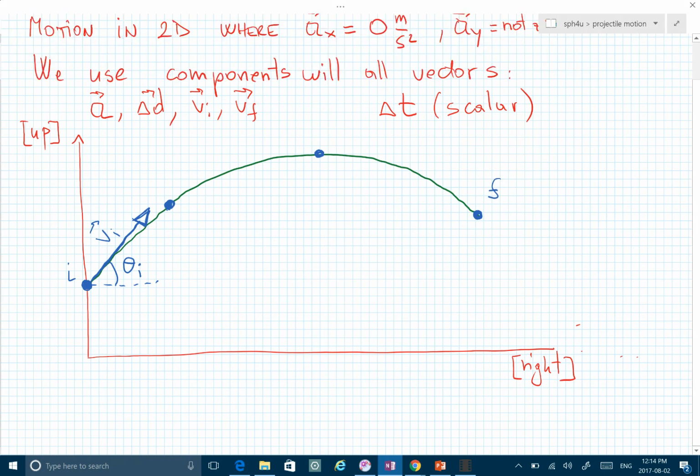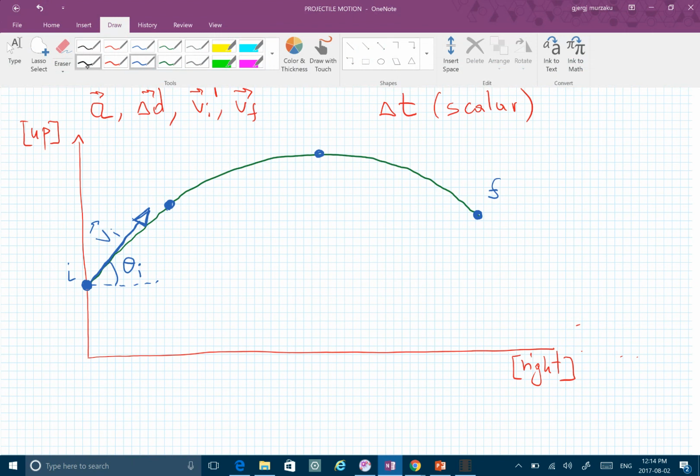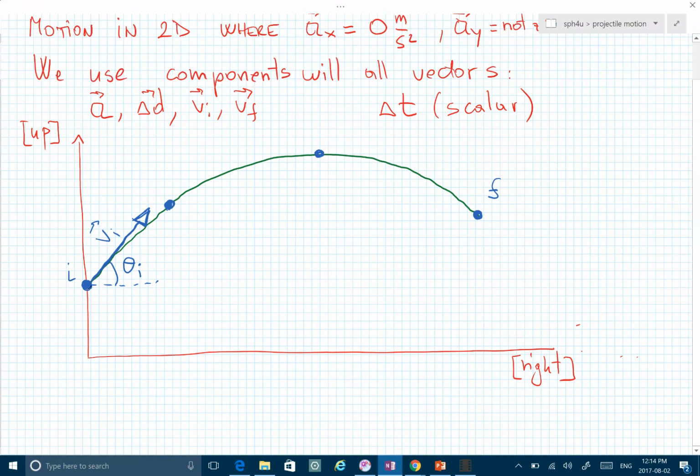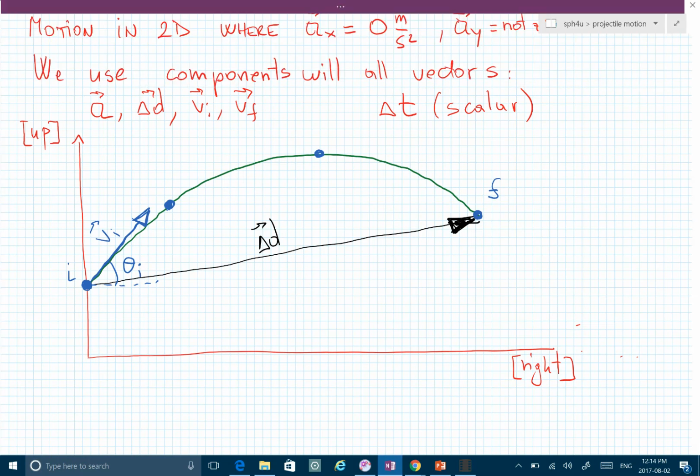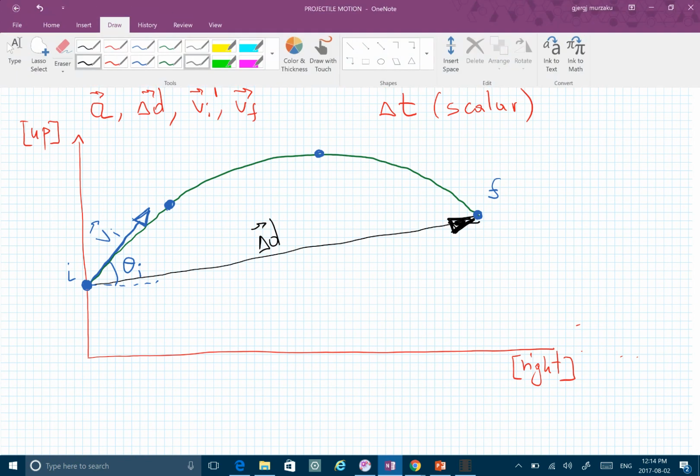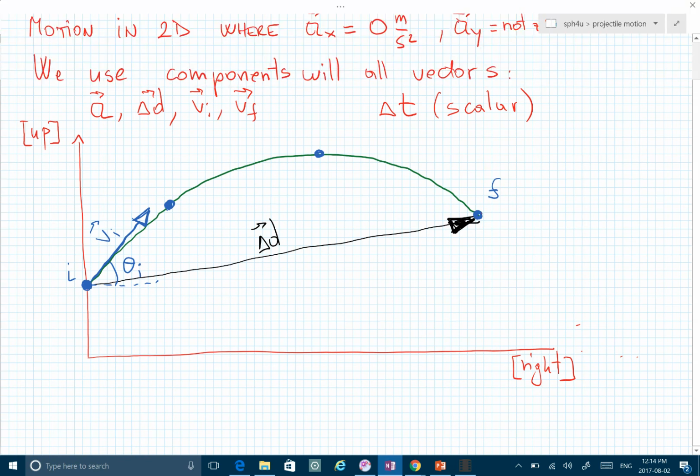So there is going to be a displacement, right? And the displacement is, as we know, the shortest path from initial toward final. So this is delta d, okay? And our object will have some final velocity that will look something like this, right?